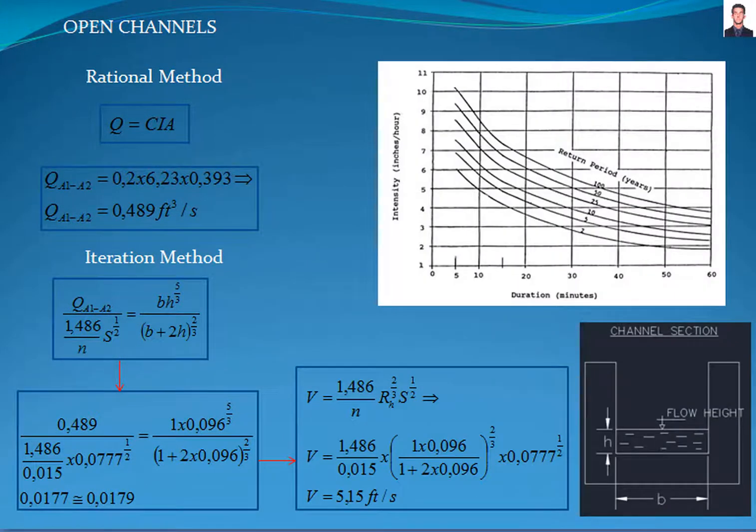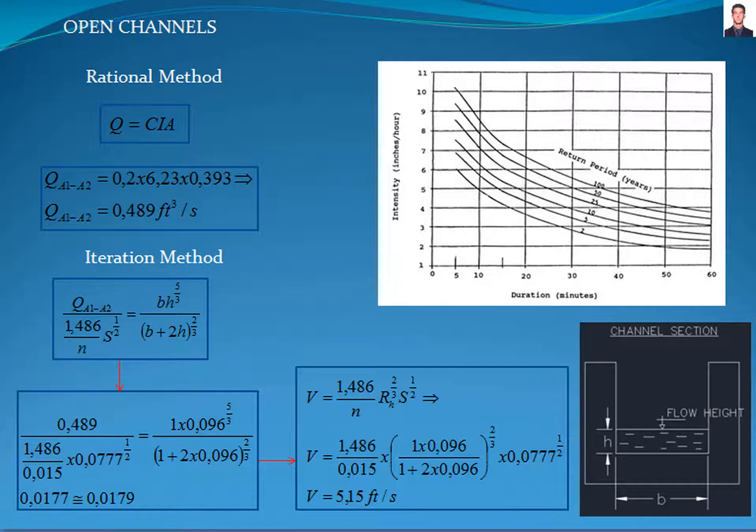With the design flow already calculated, we proceed to determine the dimensions of the channel required to canalize the rainfall flow using the continuity equation and the Manning equation, in accordance with equations 10-4 and 10-5 respectively.